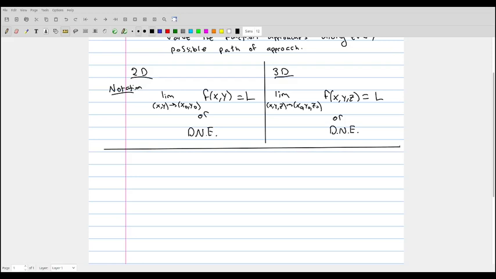You can extend this concept in the definition that we're about to talk about in general for any function of any number of variables. But in this lecture, we'll just focus on functions of two and three variables.